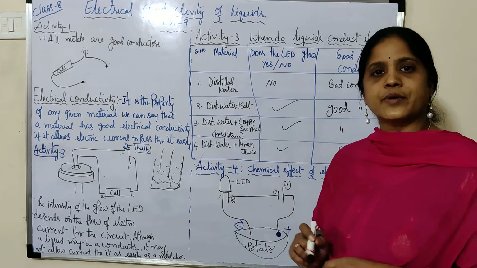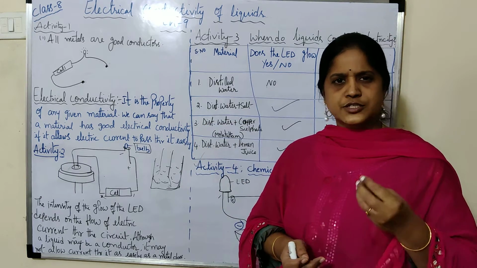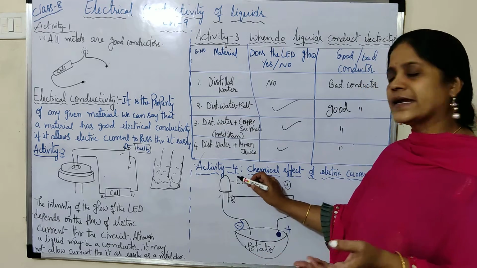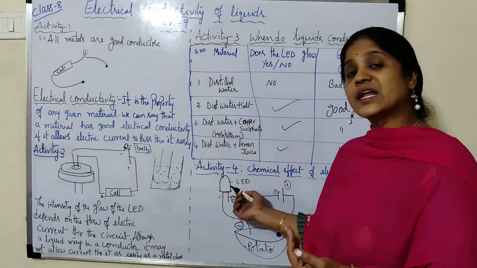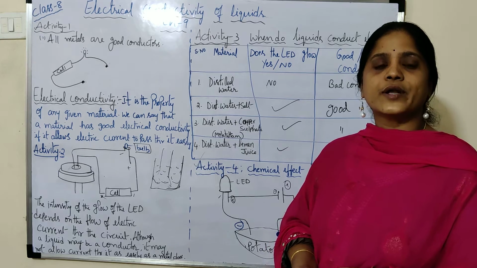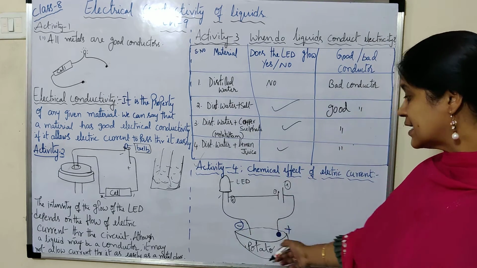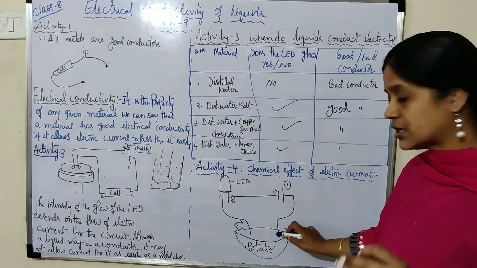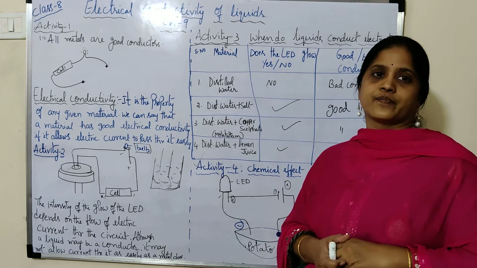After some time, immediately, like metals and liquids, the bulb does not glow. Just observe for a few minutes. Then does the LED glow or not? Obviously that LED glows. How is it possible? In this activity, at one end of the terminal you can see a green spot.